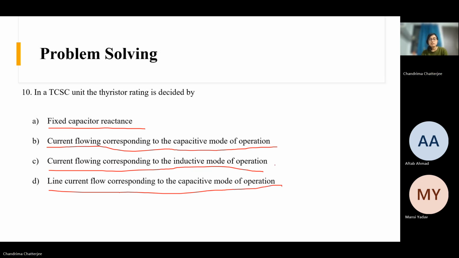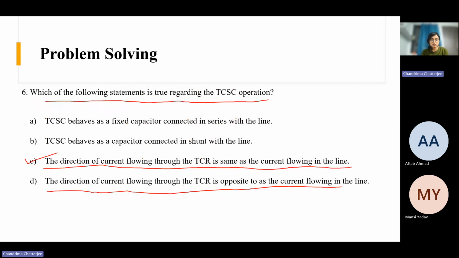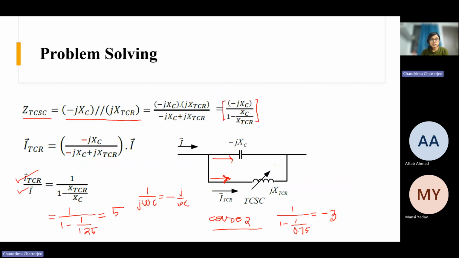What does it mean? If you see here, in this problem we got that the TCR current is 5 times the line current, right? The TCR current is 5 times the line current.